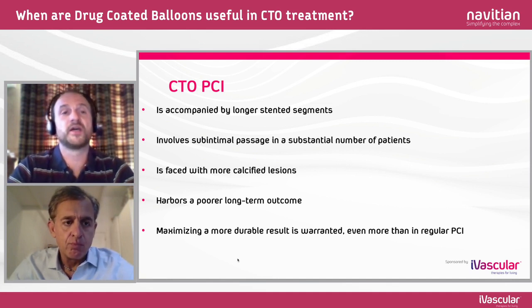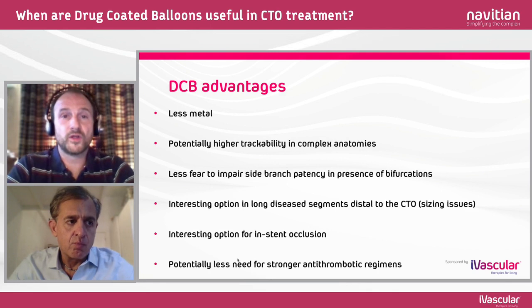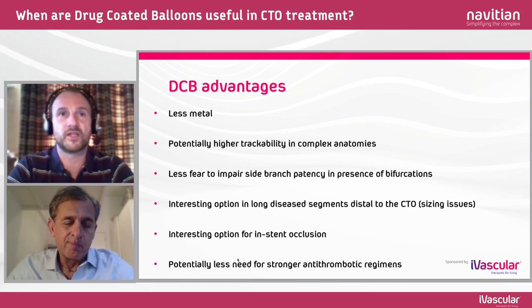And let me just give an idea of the potential advantages of DCB. First of all, as you mentioned before, we could indeed use less metal, and the current hype is leave nothing behind. So we just deliver the drug, it works, and then is dissolved, and we don't leave any metal behind. So that's definitely very, very interesting.